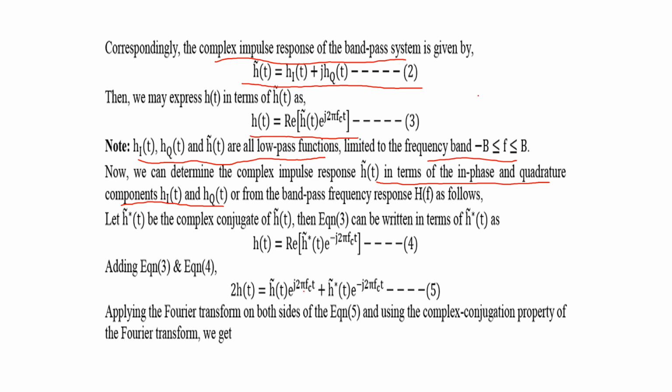That's why, in the derivation, we consider only the real part. So h of t equals real of h conjugate of t e to the power of minus j 2 pi fct. Now comparing equation 3 and 4, h tilde of t is equal to 2 h tilde conjugate of t.